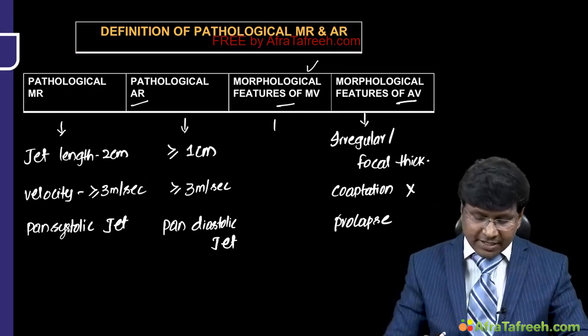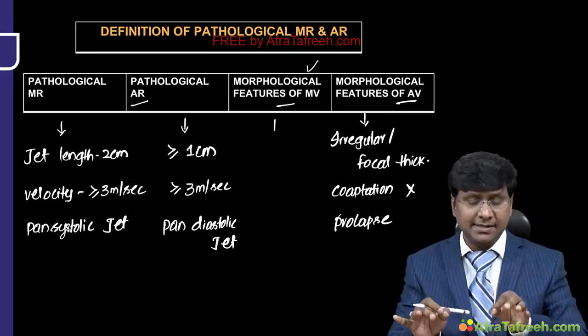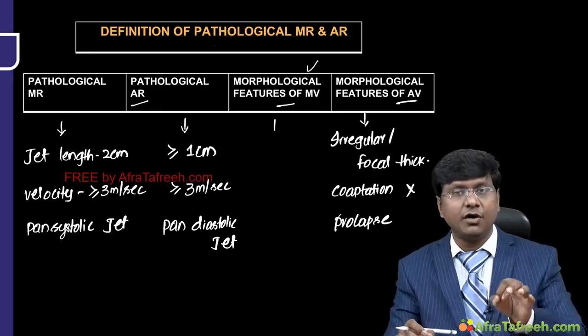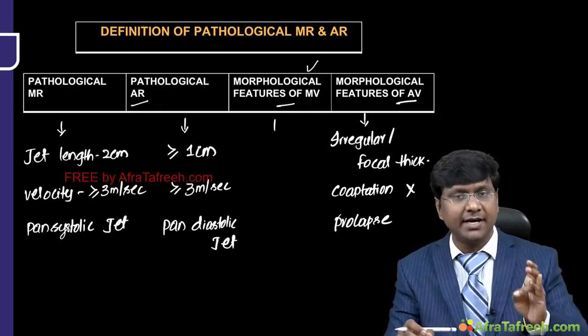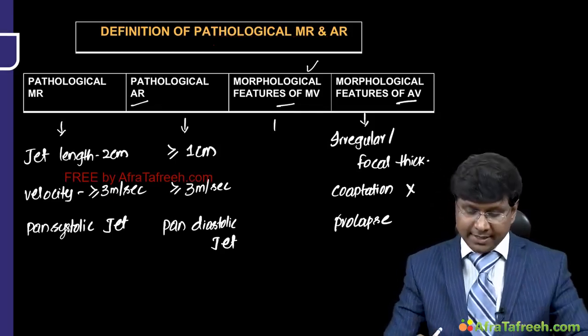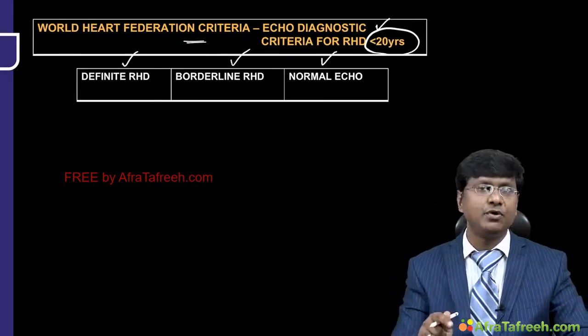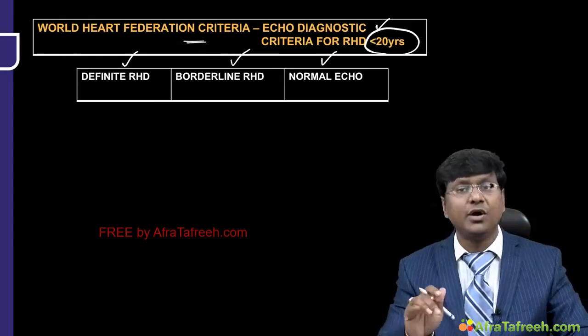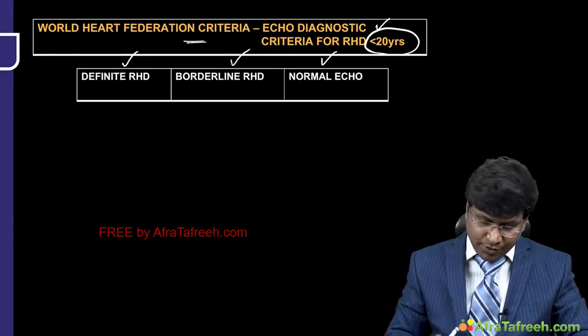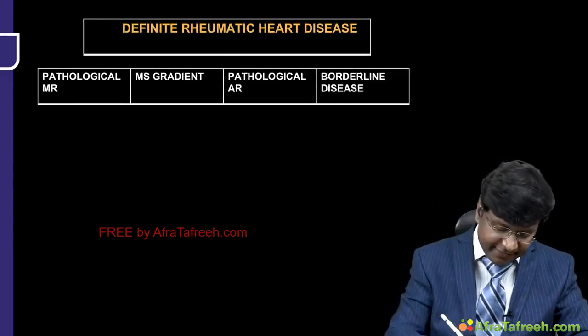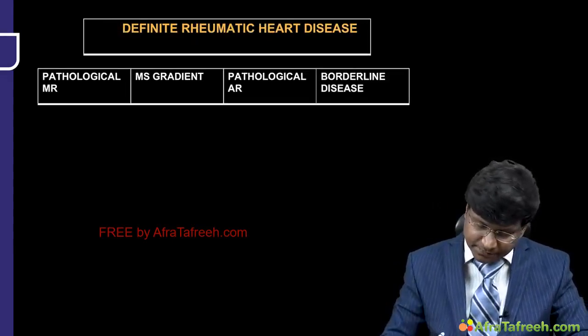Okay. Now, these are the pathological features of rheumatic heart disease in MR, AR, aortic valve and mitral valve. Now, let us define when do you call definite, when do you call borderline, when do you call a normal echo. So, take definite rheumatic heart disease.